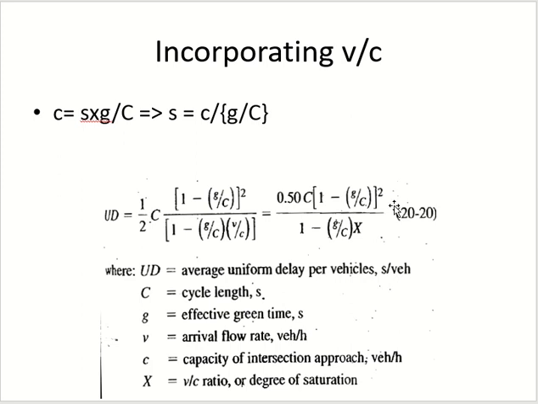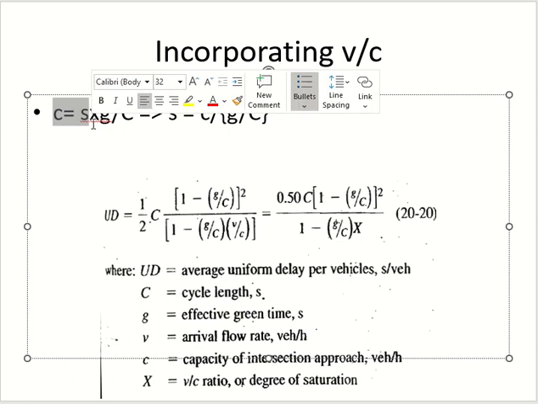What does this equation mean? Saturation flow rate is the maximum flow rate in 1 hour from a signal without interruption. So capacity equals saturation flow rate if there is no interruption, if the whole cycle is green.